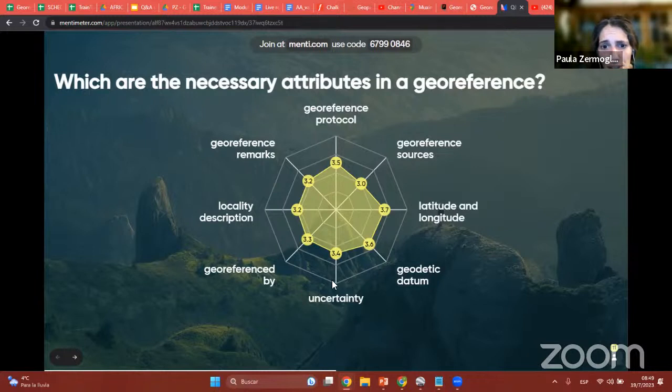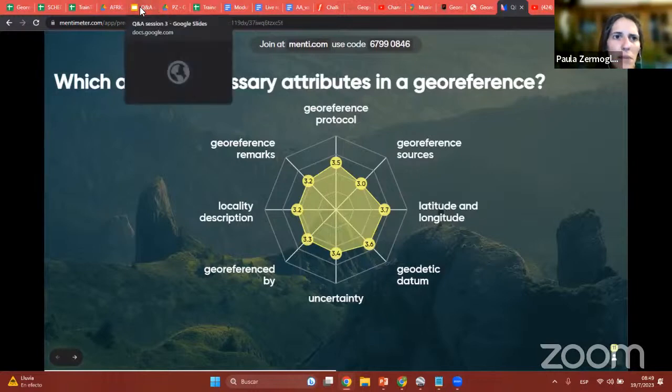And if we don't have an uncertainty, we don't have a georeference because we're providing coordinates, but we have no error associated. These 3 elements make up a minimum georeference. Anytime that we want to provide a georeference, these 3 elements have to be there. This is under the point radius method. If we are using other methods, we may have different parameters that we need to inform.